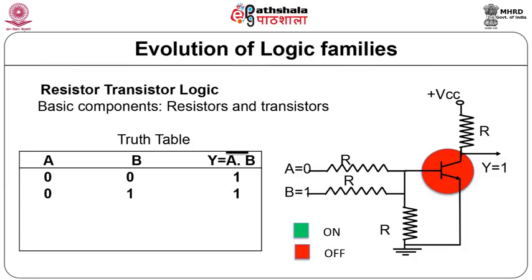When A is 0 and B is 1, the transistor will be off and output is logic 1. When A is 1 and B is 0, again the transistor is off and output is logic 1.